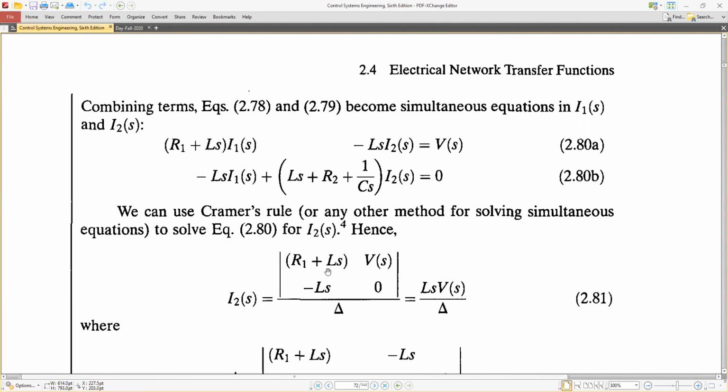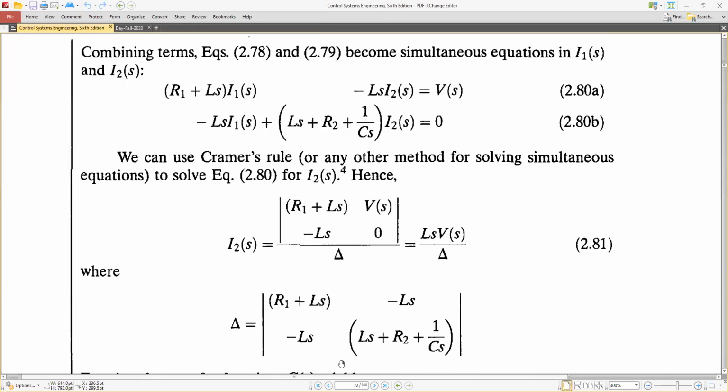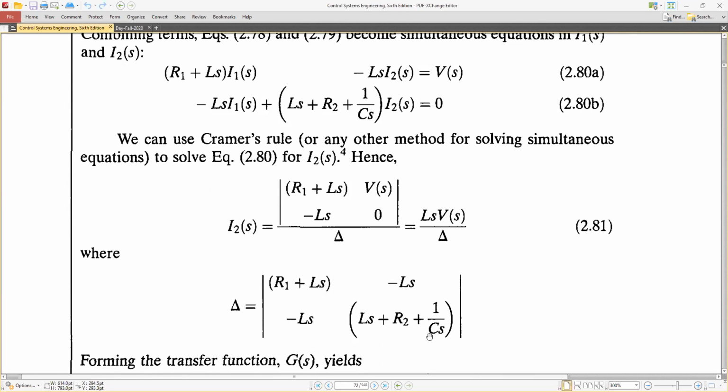R1 plus Ls, and Vs, and minus Ls and 0, divided by delta. Just cross multiply. This is 0, minus into minus into plus, so it is LsVs divided by delta. And what is the delta? Delta is like this: R1 plus Ls, minus Ls, minus Ls, plus R2 plus 1 by Cs.